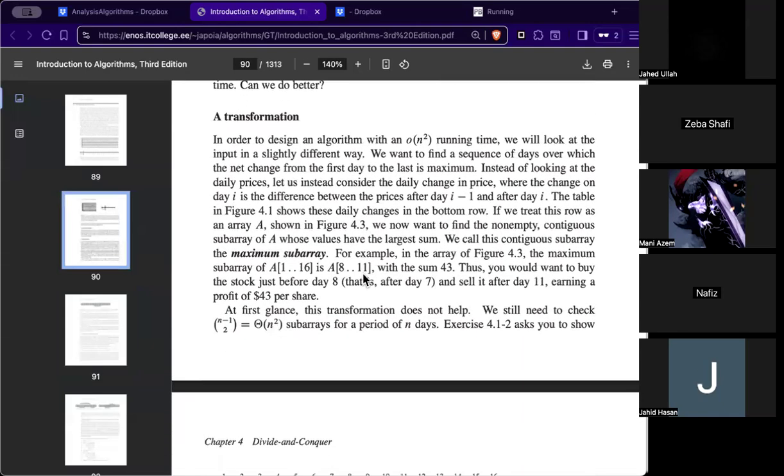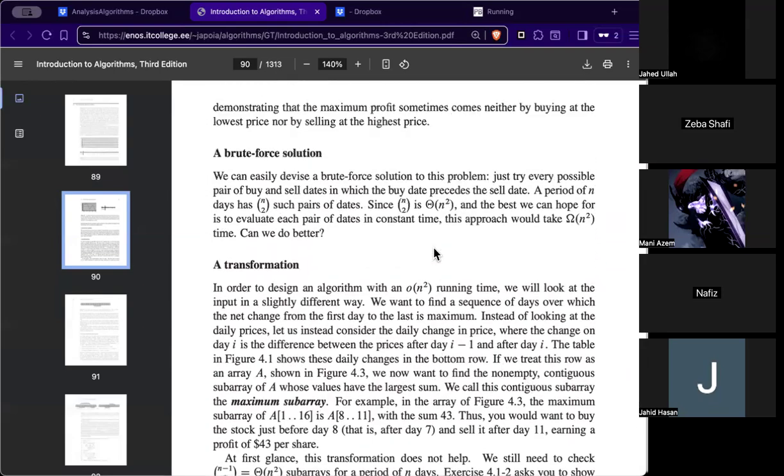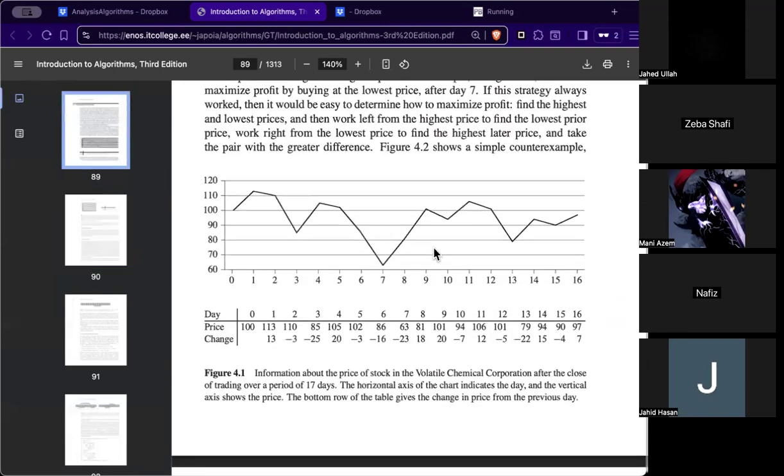So now, here's how we define what we're looking for. This row of changes, okay? If we treat them as an array, we then find the non-empty contiguous subarray of those data points which has the largest sum. So the largest sum of those data points.